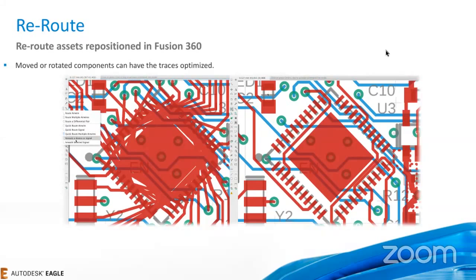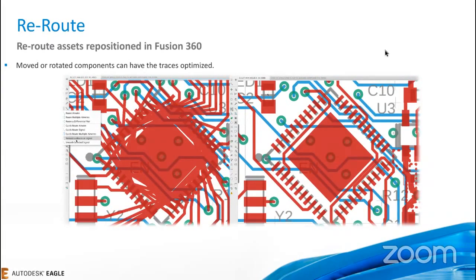Now, to the toolbox full of interactive manual route tools that have been added to Eagle, which is quite spectacular. It's pretty amazing. Now they've also included reroute. What this does is, if you are working with an electromechanical workflow with Fusion 360, you're able to move assets in Fusion 360, and Eagle can detect the movement and will reposition those components.